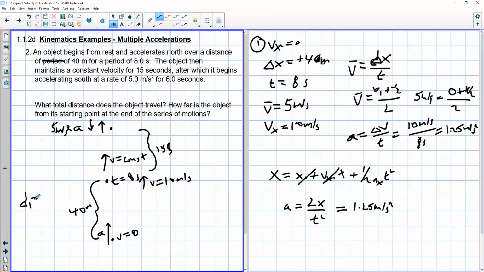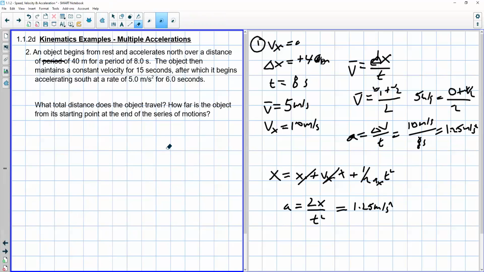Okay, so our first distance 1 is 40 meters, and the position at the end of the first motion is plus 40 meters. So let's keep track of all of our overall information over here, and we'll do our work over here.